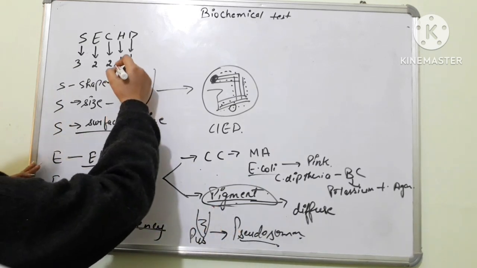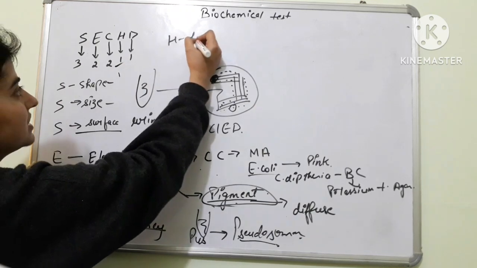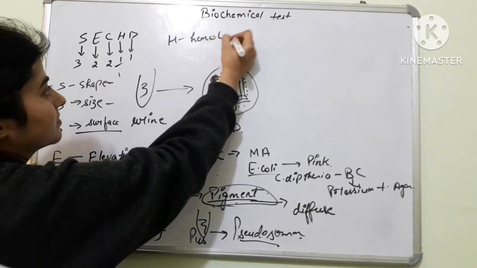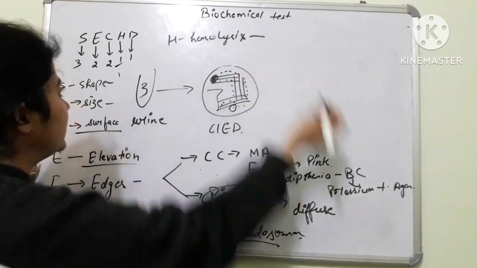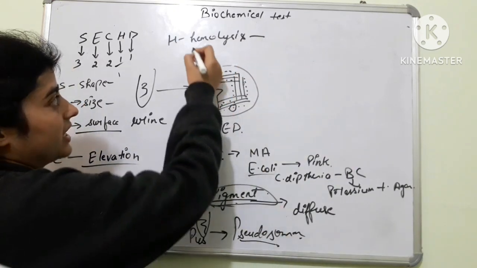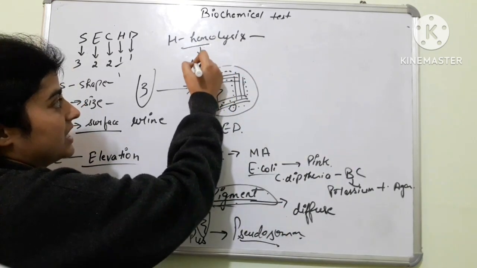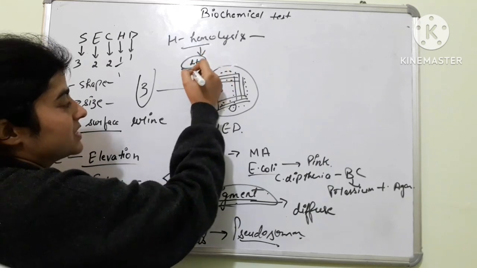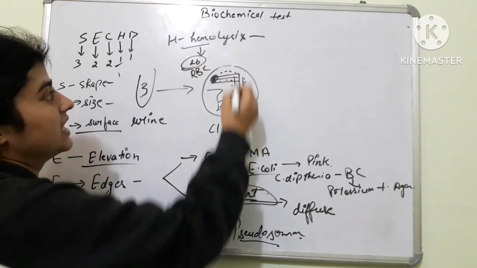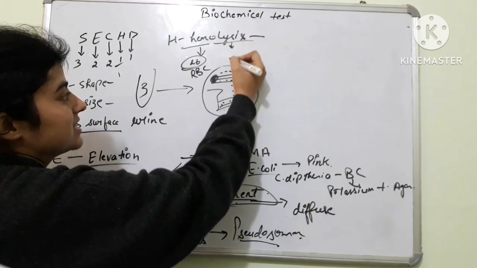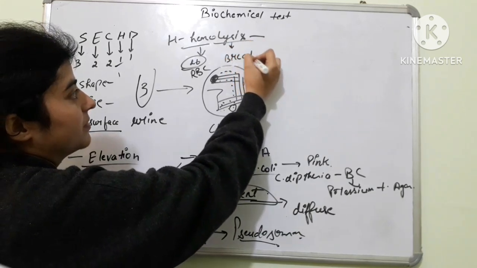Next we have H. H means hemolysis. Hemolysis, as the name indicates, hemo means hemoglobin. Hemoglobin is present in RBCs. And the next thing is lysis. Lysis means breakdown.